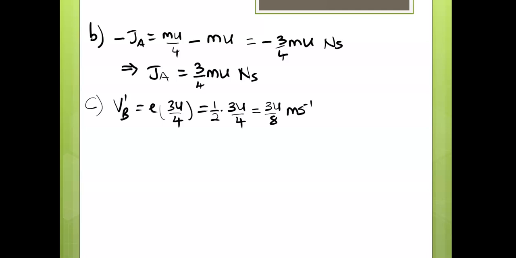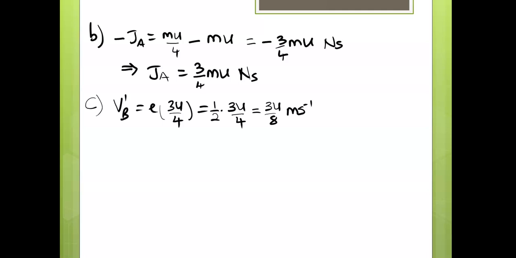Now the C part, which asks us to show that the distance is 0.8 meters. The first thing is we have obtained VA, we have obtained VB. Now B hits the wall as illustrated above. Each time it hits the wall, the velocity after impact with the wall is E times the velocity of B after the first impact.